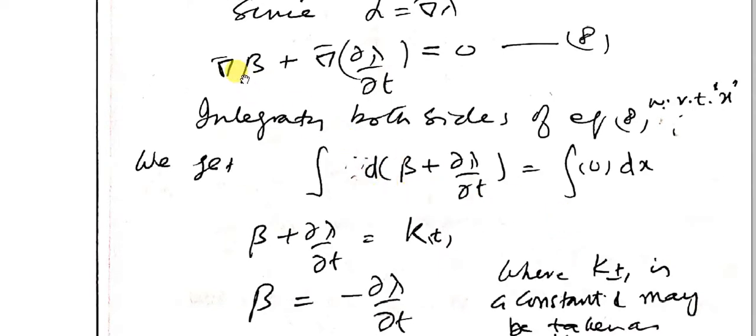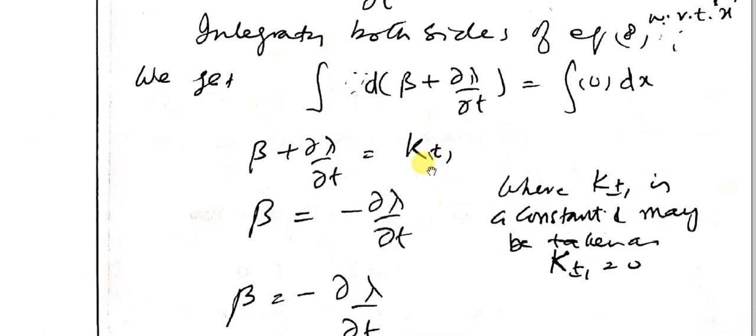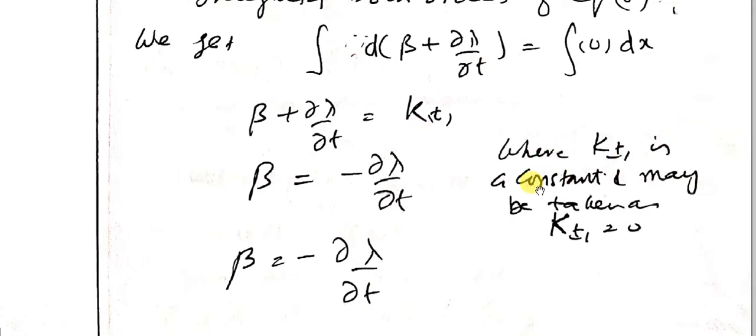If we take the one dimensional gradient to be ∂/∂x, dx we take to the other side, the differential of the whole. If we take the integral, we get β plus ∂λ/∂t equal to some constant k(t). We say this is time dependent, where k(t) is a constant and may be taken as equal to 0. So β is equal to minus ∂λ/∂t.